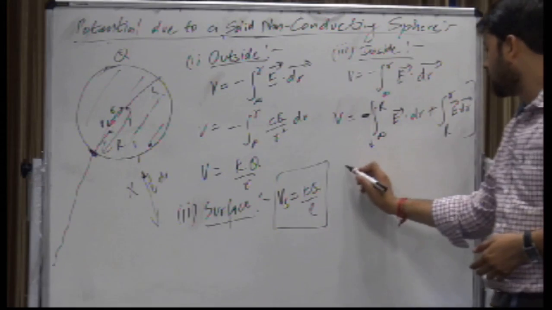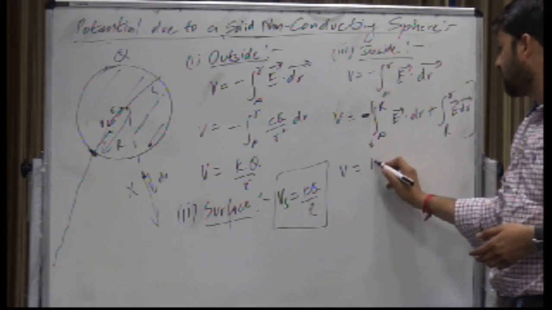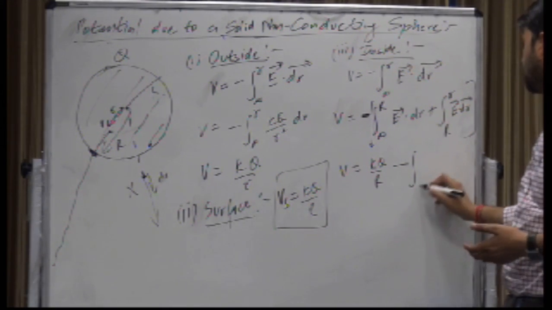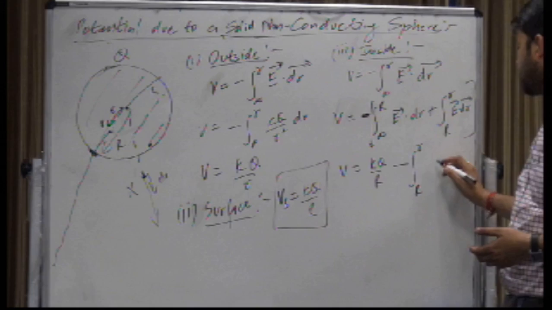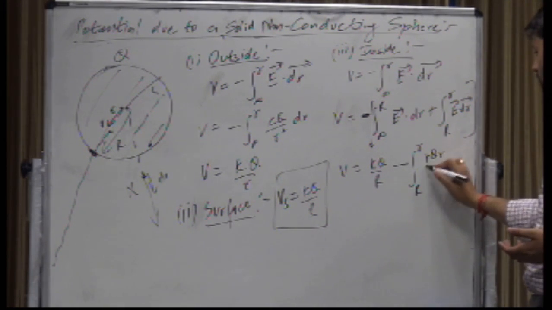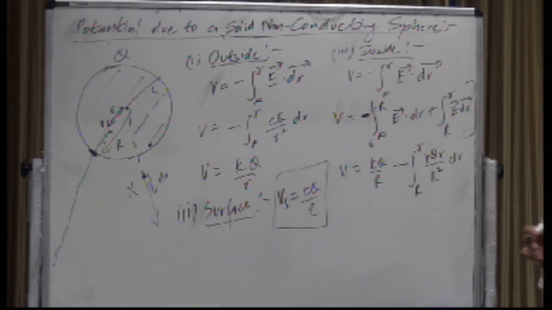So the first integral would actually give you kq by r. It would give you kq by r, and the second integral now we need to find. The second integral, electric field inside is kq small r by r square into dr, right?